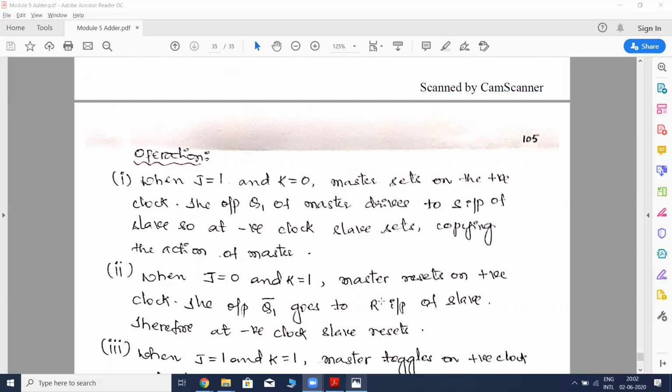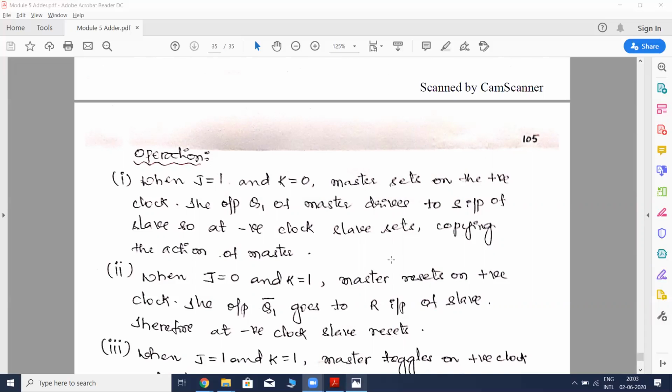So the output Q1, that is the master output, is going to drive the S input of the slave, and during the negative clock, this slave is going to set. Why is it going to set? It will copy the action of the master.